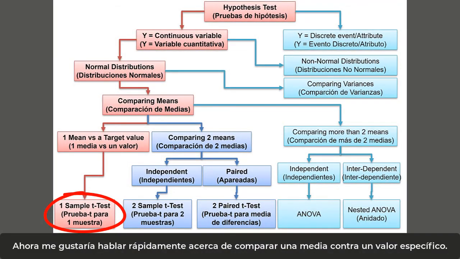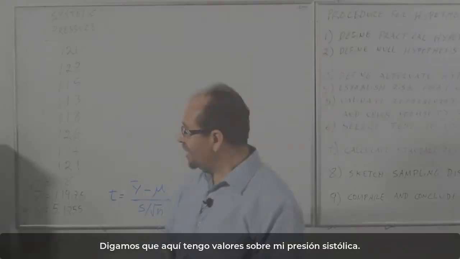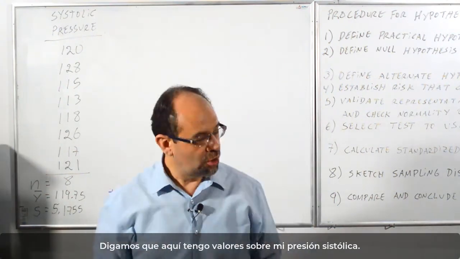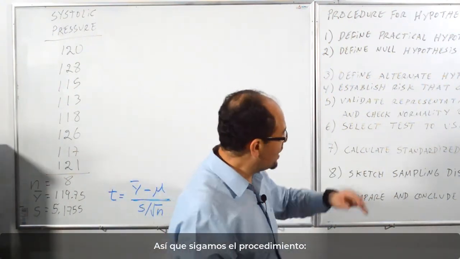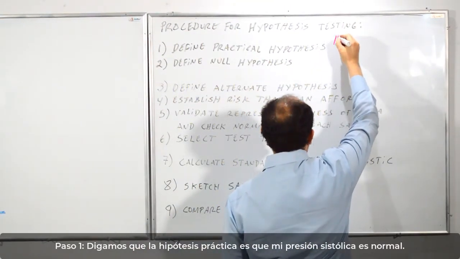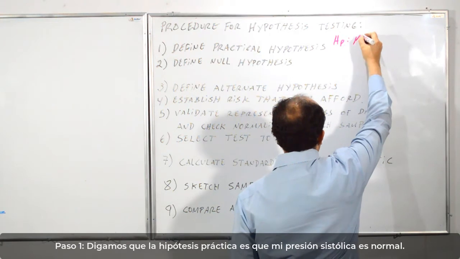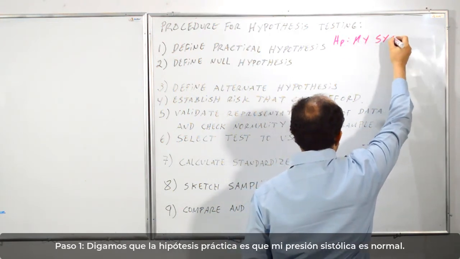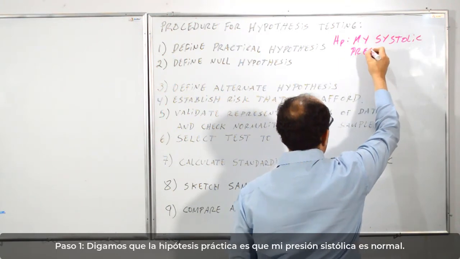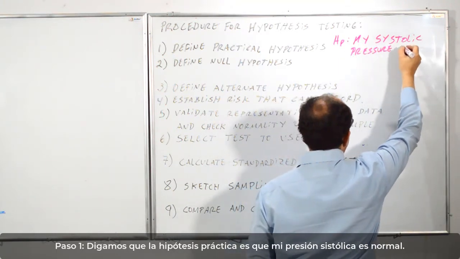Now, very quickly, I would like to talk about comparing one mean against one specific value. Let's say that here we have values of my systolic pressure. So let's follow the procedure. The practical hypothesis is that my systolic pressure is normal.